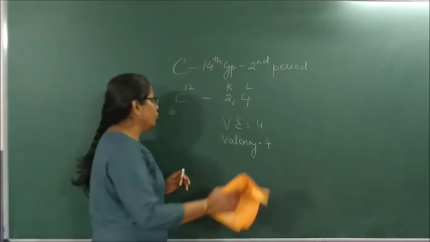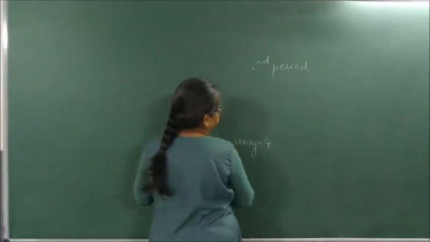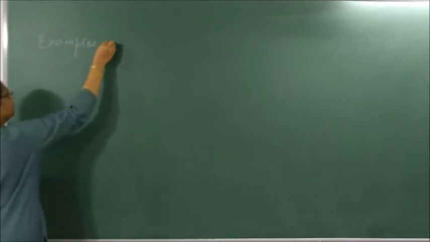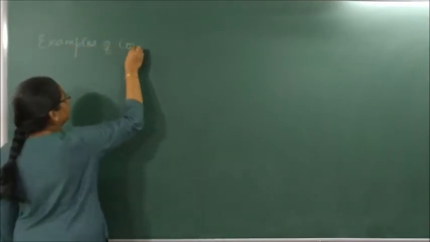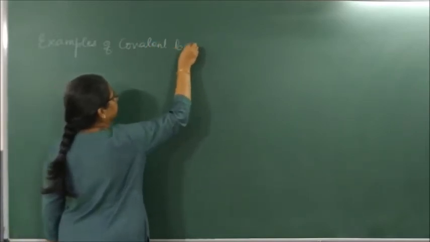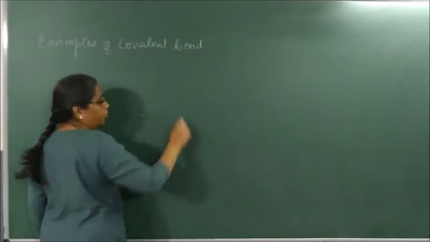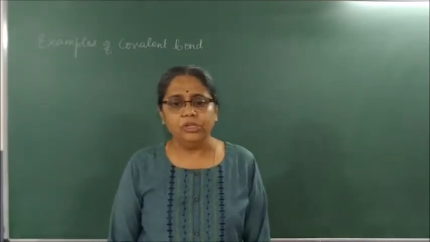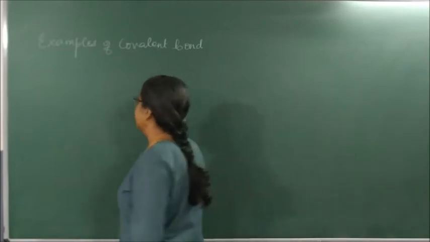Okay, now take out your notebooks and write. Examples of covalent bond. The bond formed by sharing of electrons is called what? Covalent bond.